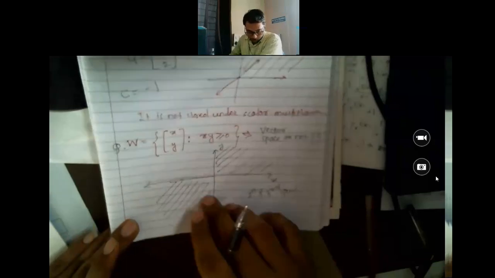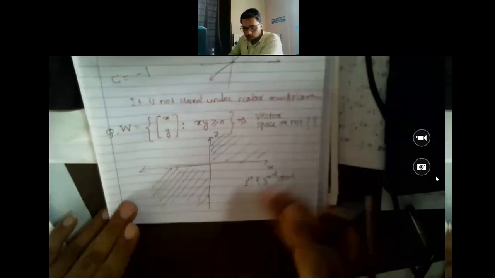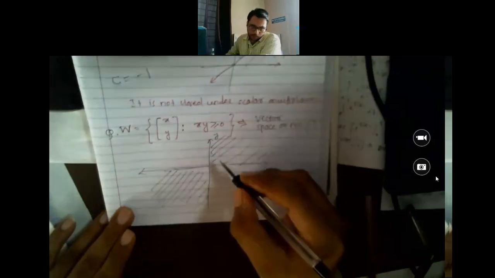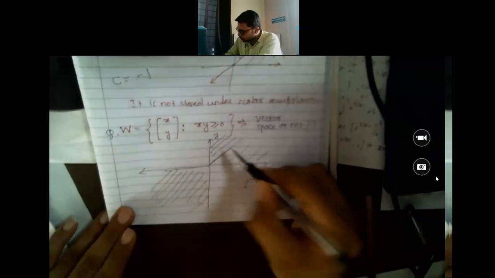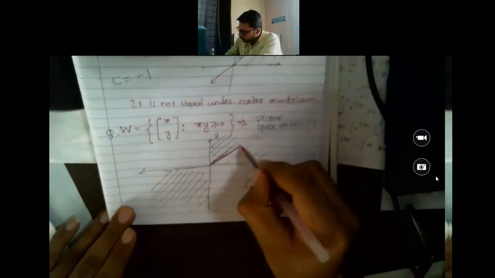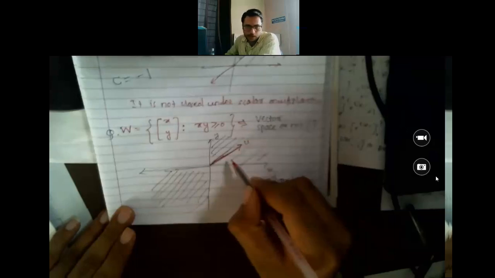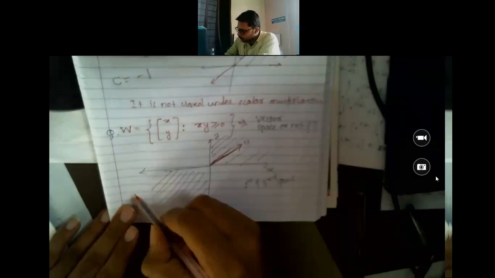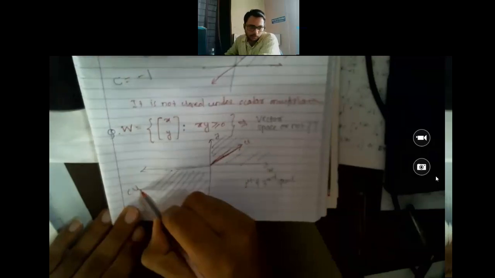Okay, are you getting this? Now, if I take any real number, let's say this is, I'll use a different pen, vector u. And if I'm multiplying it by c, it will have the form cu.